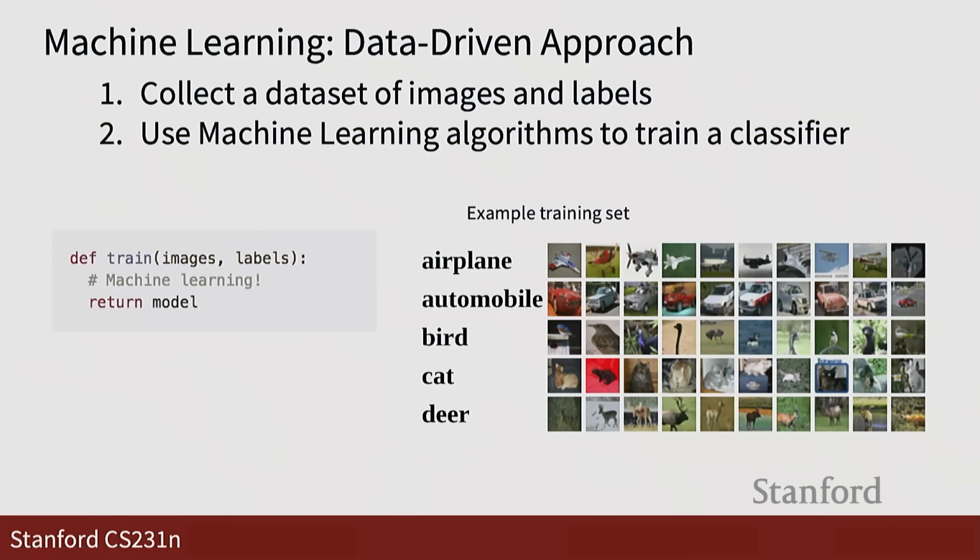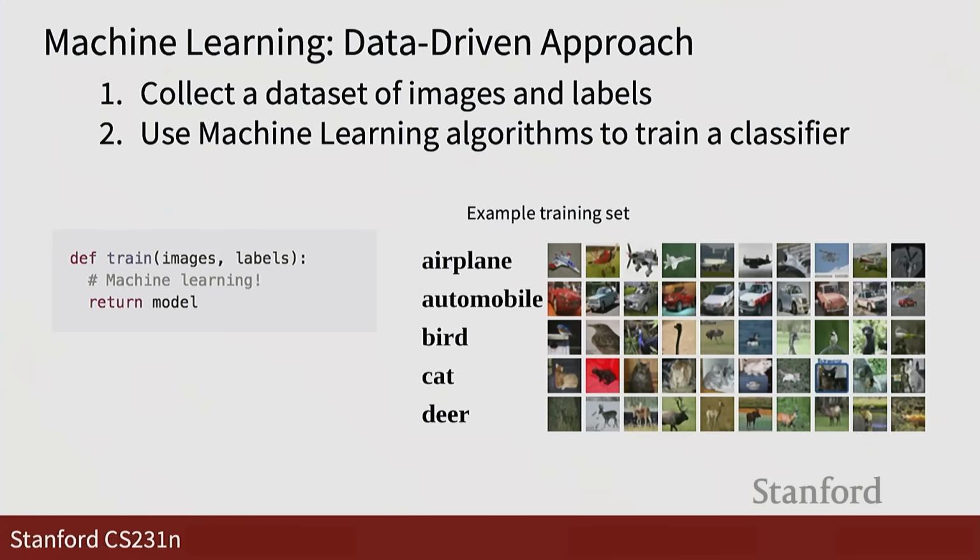And then the second step is using machine learning algorithms to train a classifier. Basically, build a function, train, that takes the images in the training data and their associated labels and builds a model that can associate images with the labels.